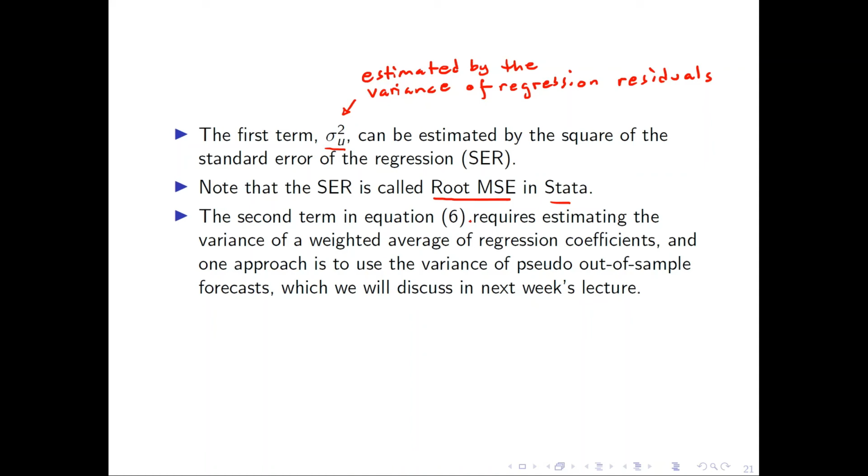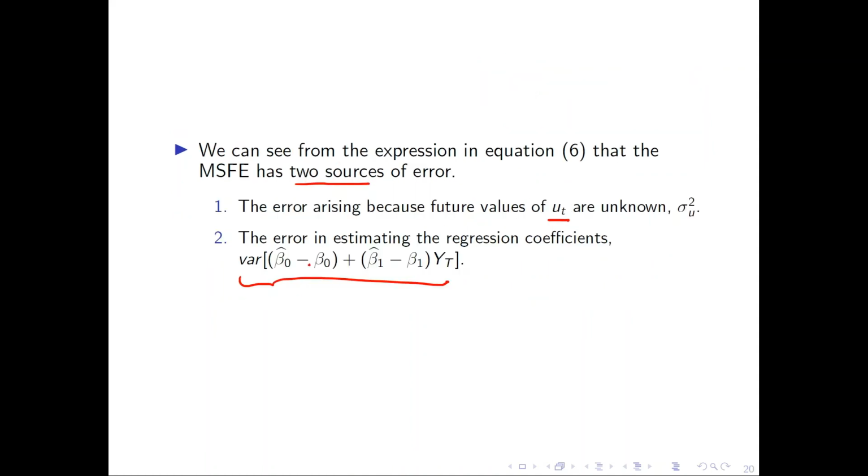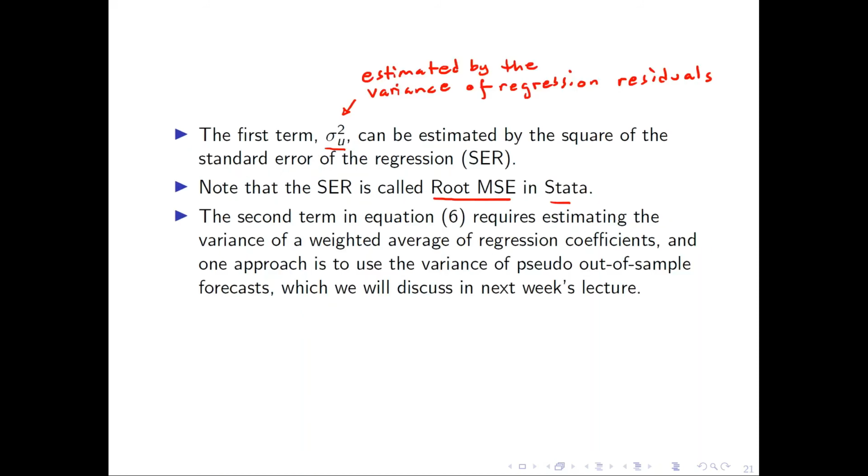And the second term, the error in estimating the regression coefficients, is more tricky to calculate. Next week we are going to look at the variance of pseudo out-of-sample forecasts and how we can use them to calculate the estimation error.